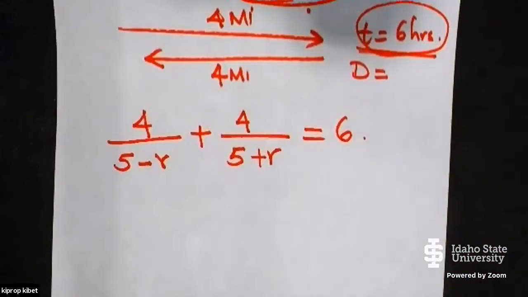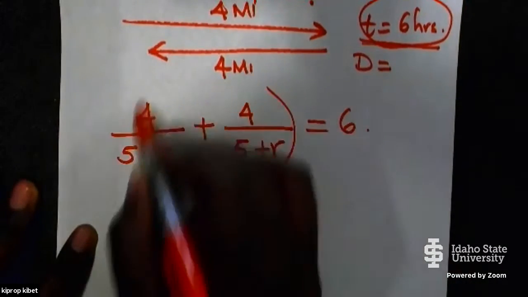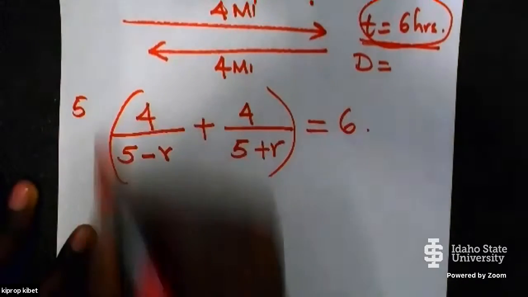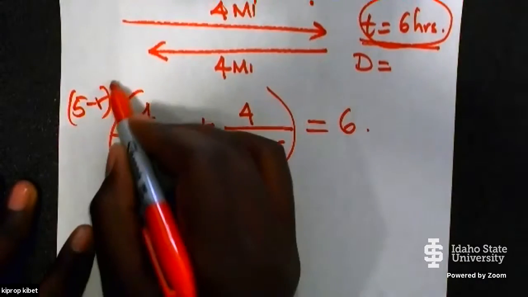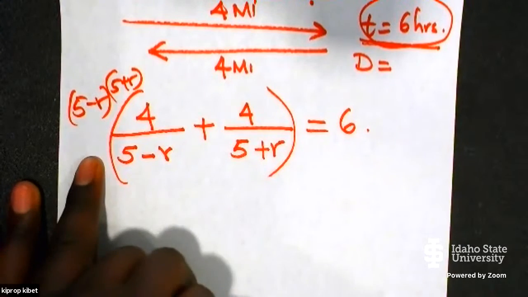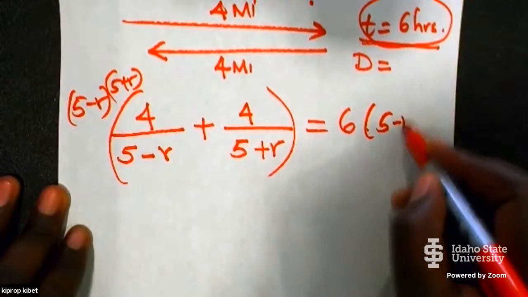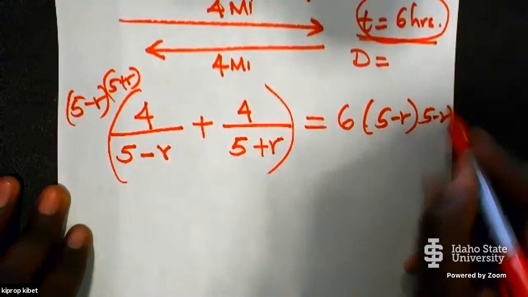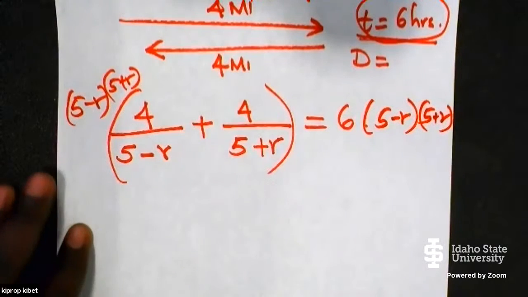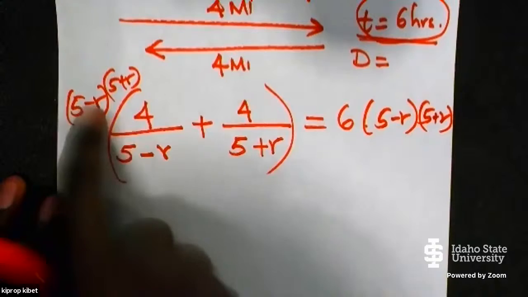So we can multiply by the LCM, and our LCM is 5 minus R, 5 plus R. What you do on this side, you do on the other side. Now solve this.